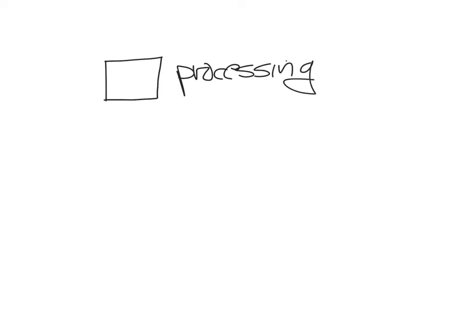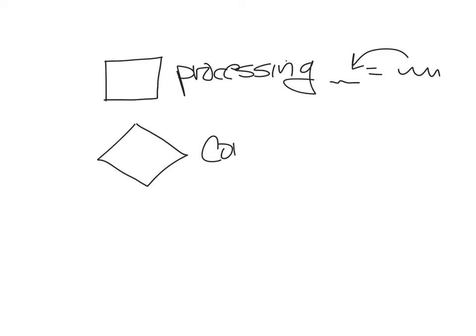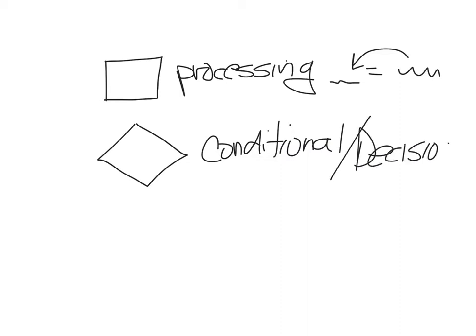Alright, so let me finish up here. For flowcharts, we have a box, a rectangle that we use for processing. Sometimes we'll use an equal sign: calculate what's over here, store it into this variable location. We can have a diamond, which is a decision or conditional, often called a decision box.